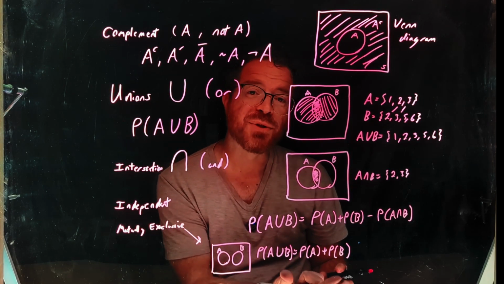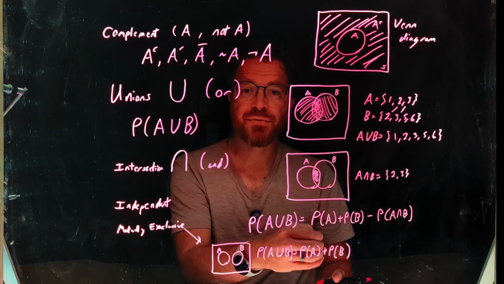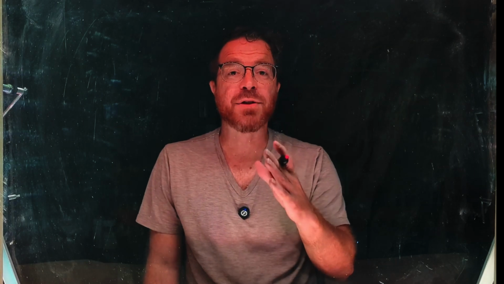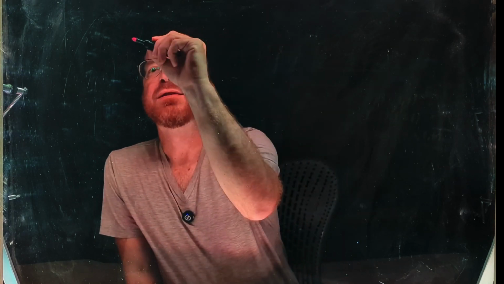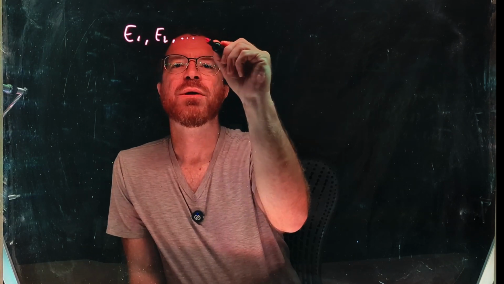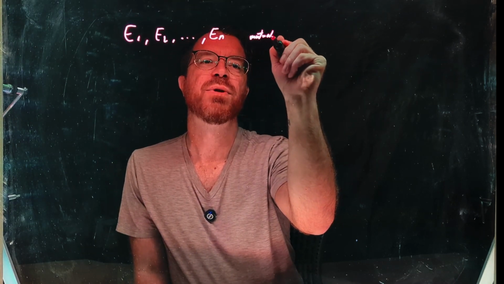That's actually the principle that we're using in this case because it specifies that they are mutually exclusive, meaning that they have no overlap. Revisiting that definition we had earlier, we had some events E1, E2 through En, which were mutually exclusive.